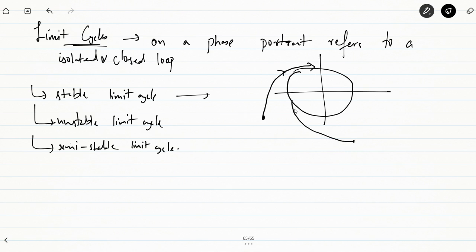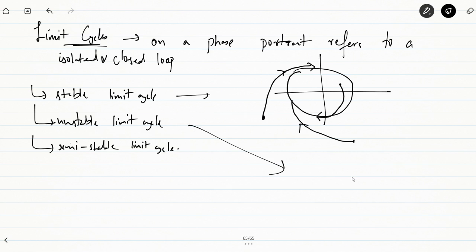From whatever point you are starting, if the phase trajectories are converging towards the loop and then sustain within this loop, such a limit cycle will be referred to as stable. Such a system will be a stable system.